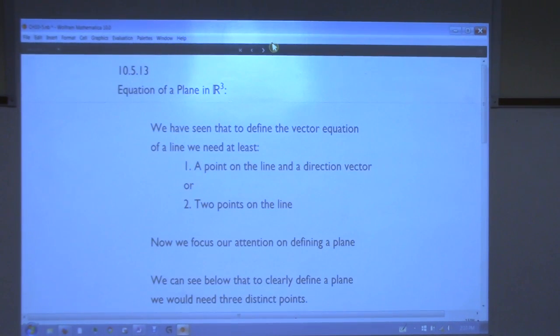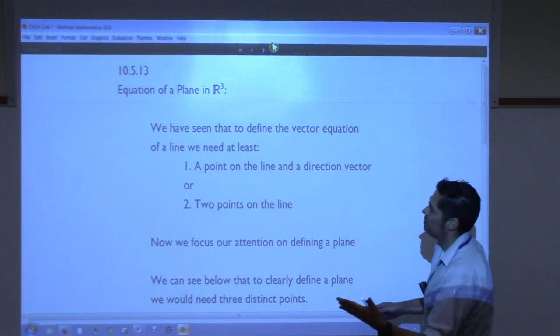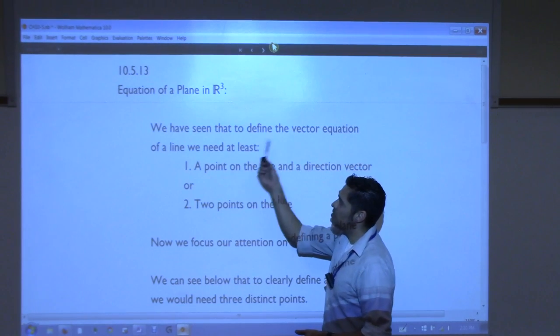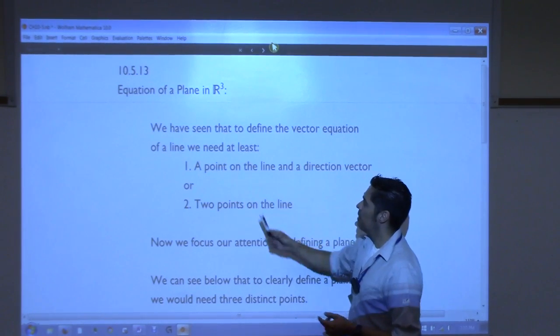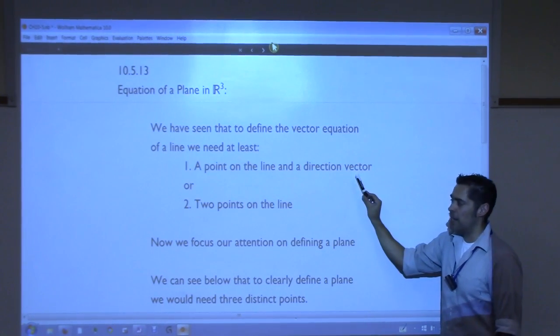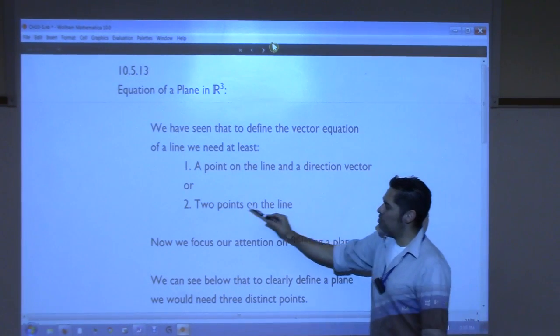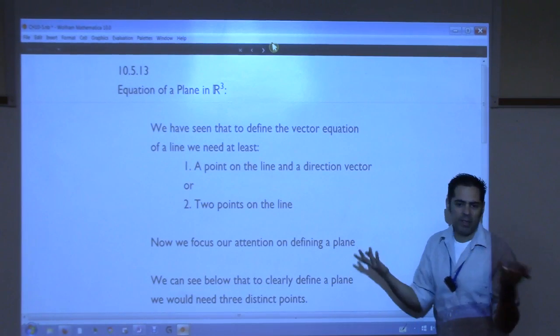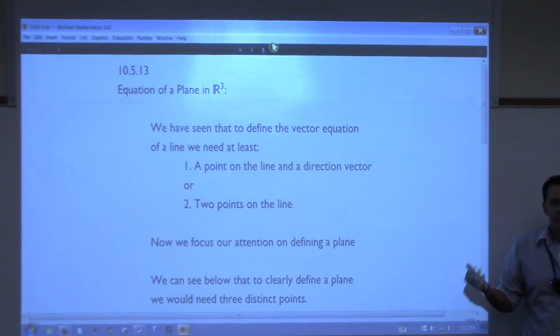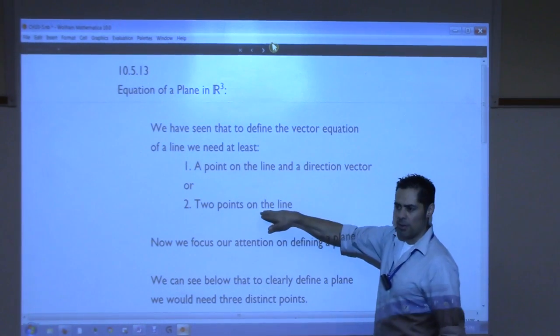The equation of a plane in three-dimensional space. We just saw that in order to define the vector equation of a line, we need a point on the line and a direction vector. Or if someone gave us 2 points on the line, we could still do it, because we could always create the direction vector with the 2 points.